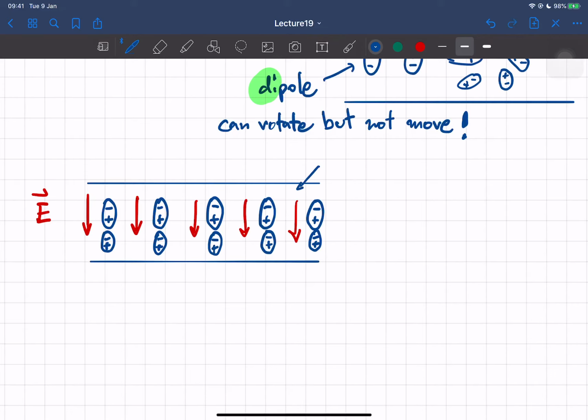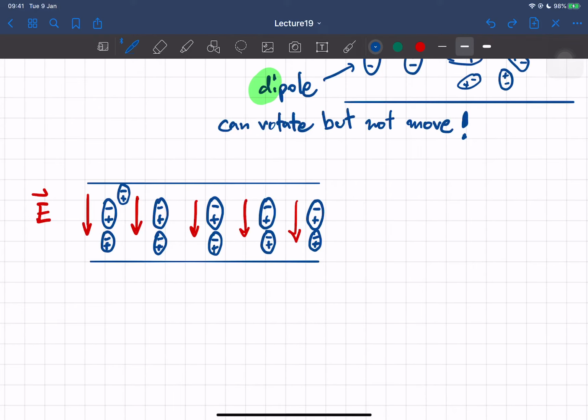Because at the edge, there's going to be the last dipole at the edge of the material, which is oriented this way, minus and plus, right? So the plus inside the material will get cancelled out by the minus of the dipole next to it, like this.